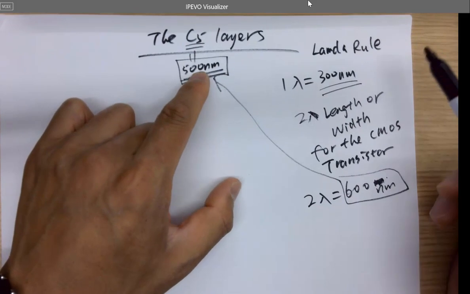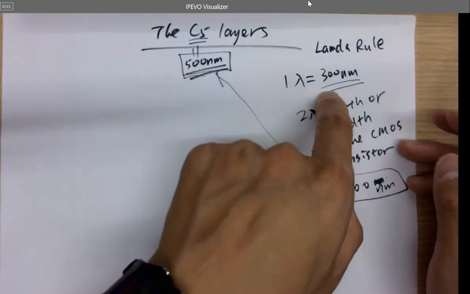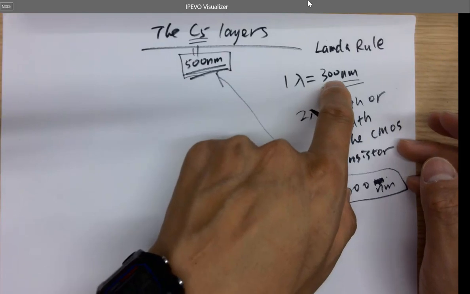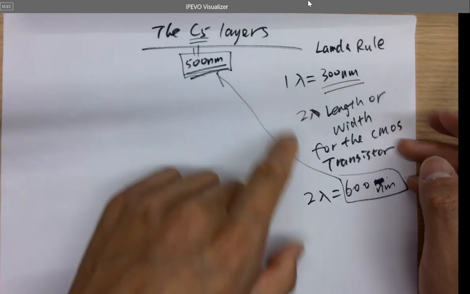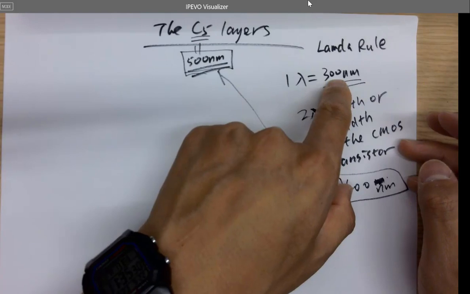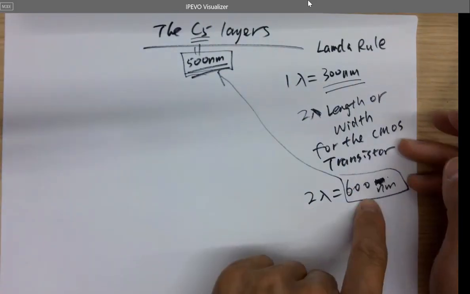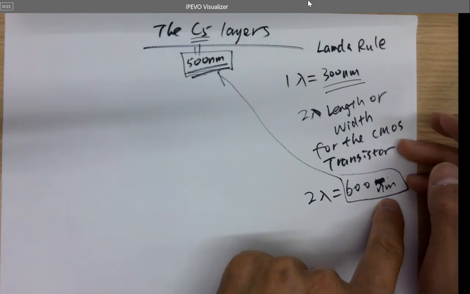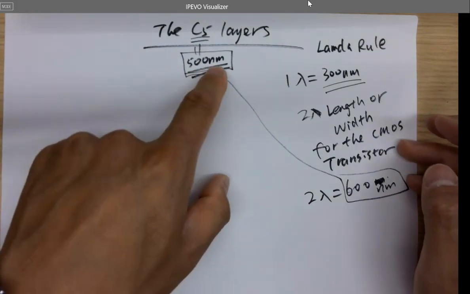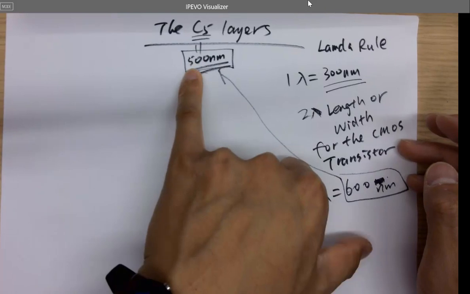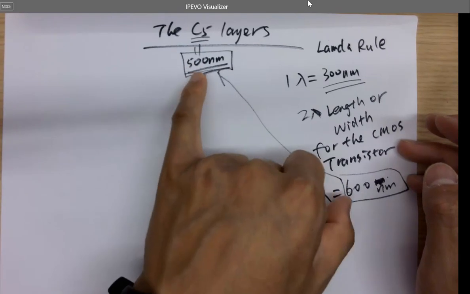So to be safe, we use the lambda rule. So one lambda is 300 nanometers, and we usually use multiples of lambdas in the circuit in our layout. And the minimum we are going to use is 2 lambda, which is 600 nanometers. It's slightly bigger than 500 nanometers just to be safe. Just make sure they can fabricate it without making any mistakes.